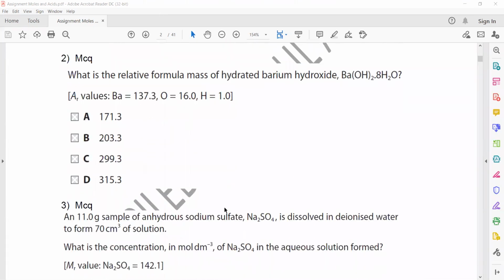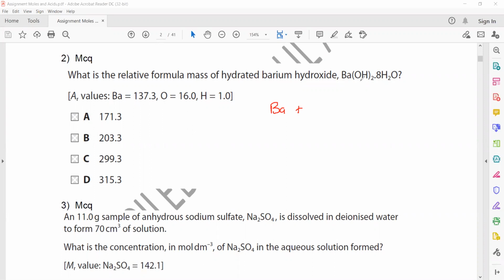In the second question, what is the relative formula mass of hydrated barium hydroxide? So when we work out the mass of hydrated barium hydroxide, it contains one barium.